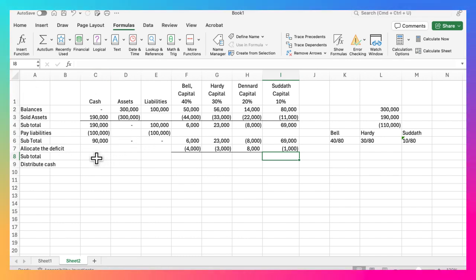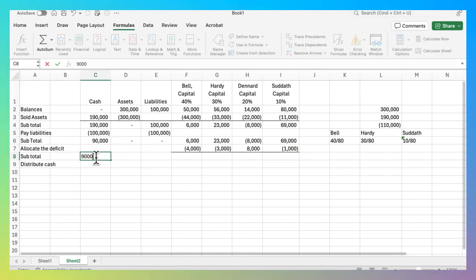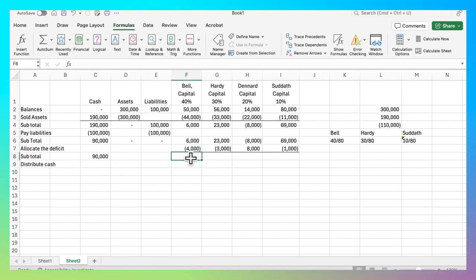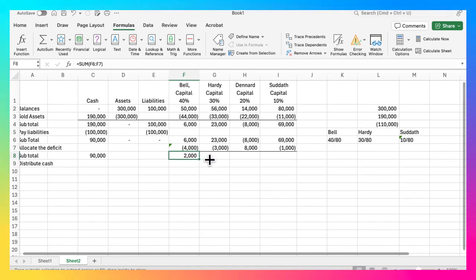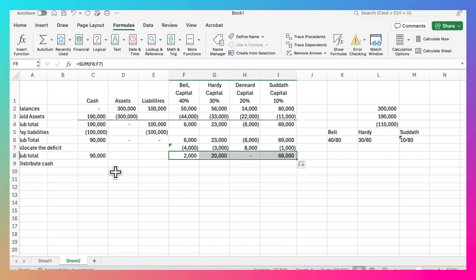So now we can recalculate the subtotal. We now have $90,000 in cash still. Didn't do anything with it yet. Now remember, how much cash does each person get? The final cash is distributed based on the final balance of the capital accounts.